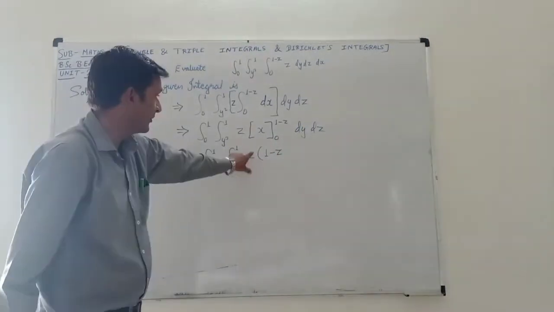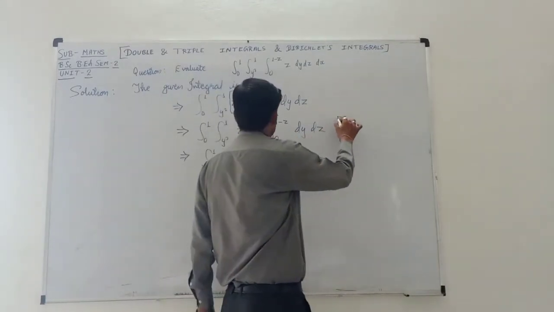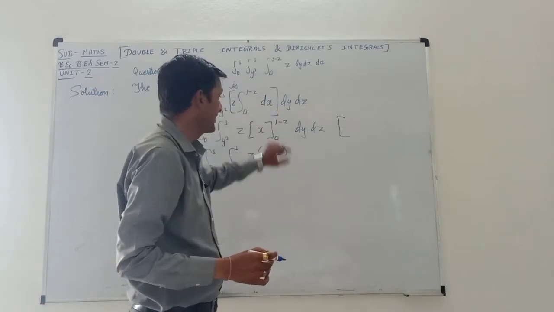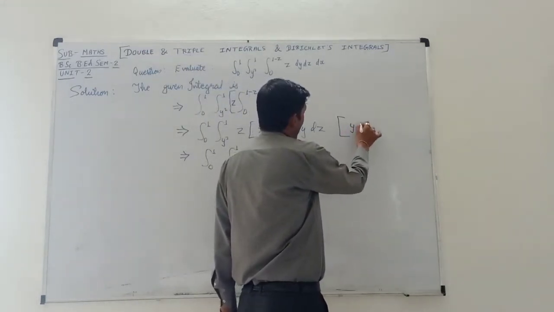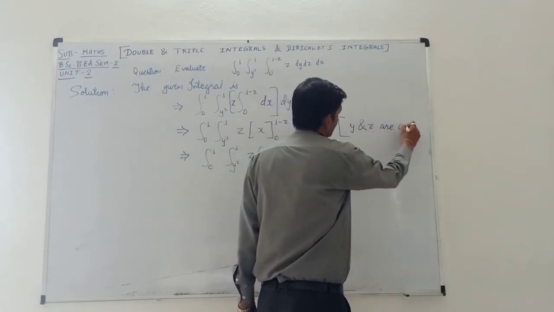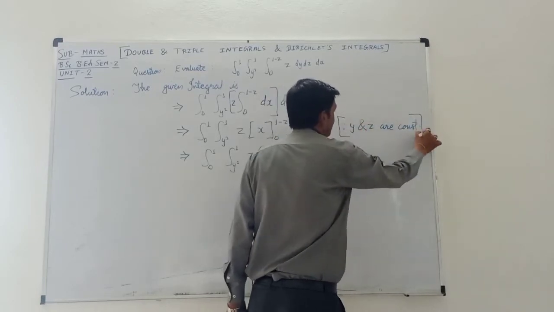So it will be z into 1 minus z. Here what we have to write? Because with respect to x we are integrating, so y and z are constant. This we have to mention here.